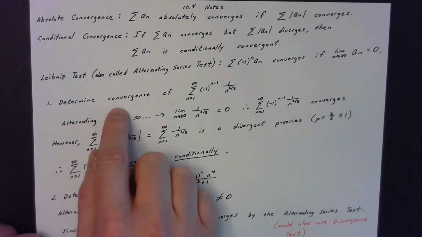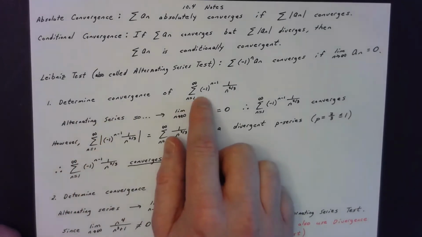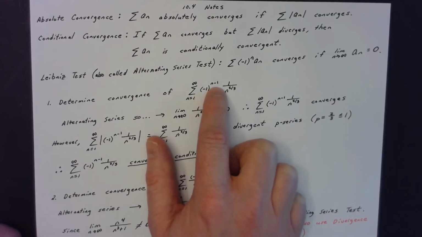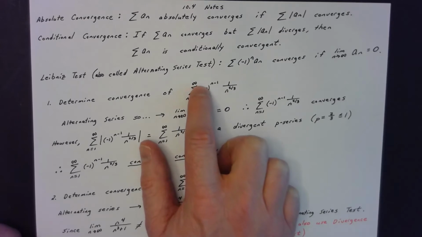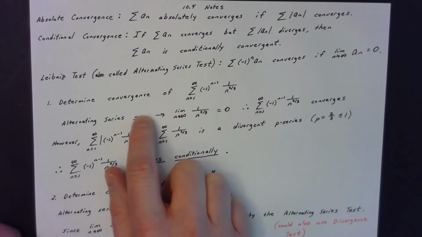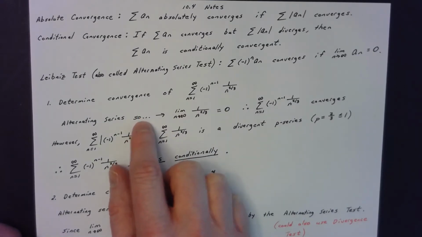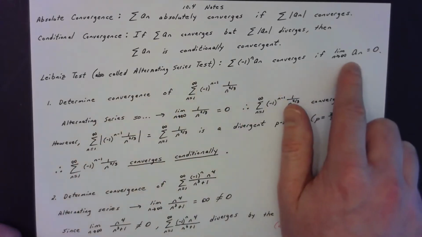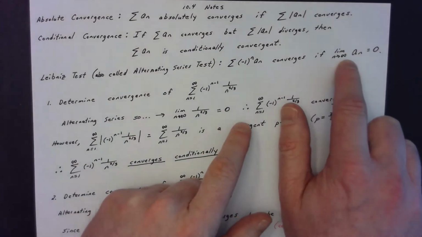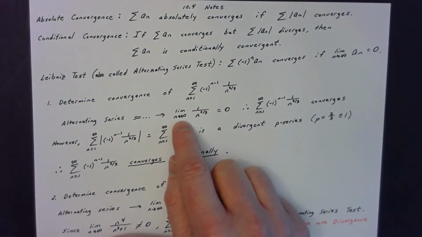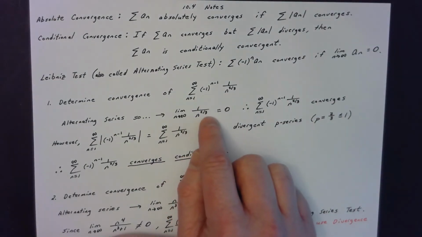Now, when we look at determining convergence of an alternating series such as my first problem here, I have the sum of (-1)^(n-1) times 1 over n^(2/3), as n goes from 1 to infinity. Since it's an alternating series, that's my very first thing: I notice the (-1)^(n-1), so the alternating series test tells me I can take the limit as n approaches infinity of the non-alternating part, 1 over n^(2/3).